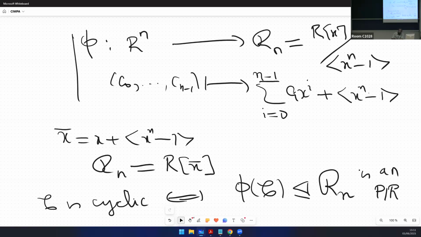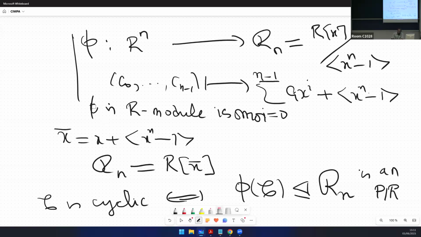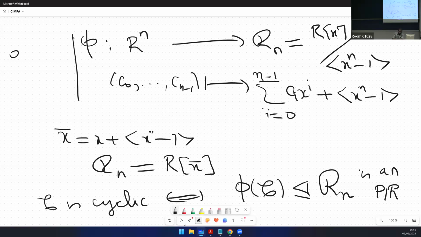This map phi is an R-module isomorphism.